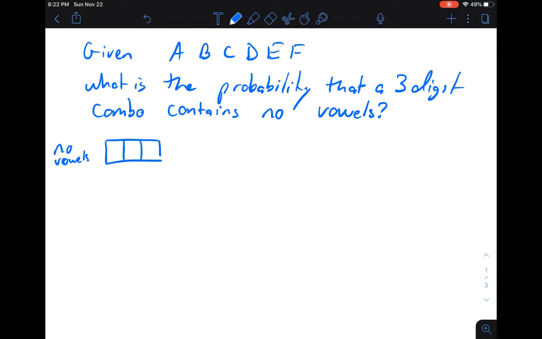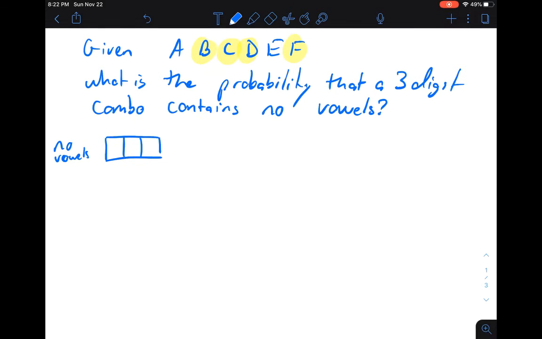With no vowels, I'm allowed to have a B, a C, a D, or an F. Those are my consonants, so I have 4 letters to choose from. By the way, no repeats are allowed here, otherwise it changes the question.